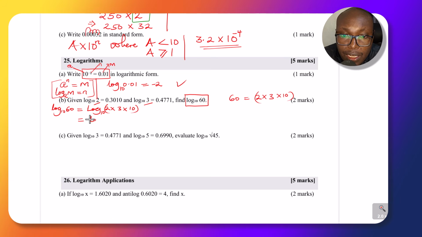You can split these and have logarithm of 2 plus logarithm of 3 plus logarithm of 10.